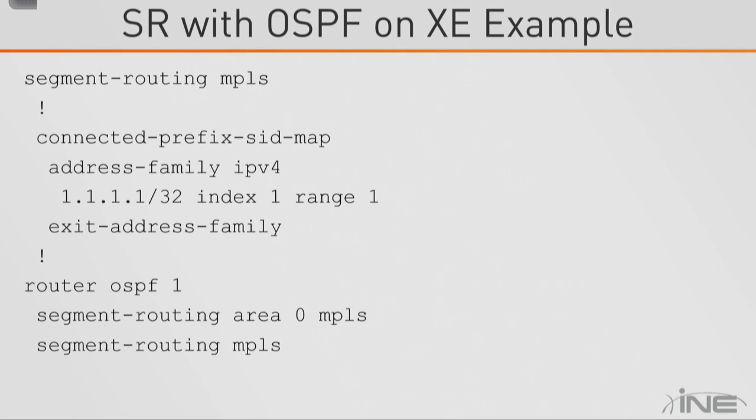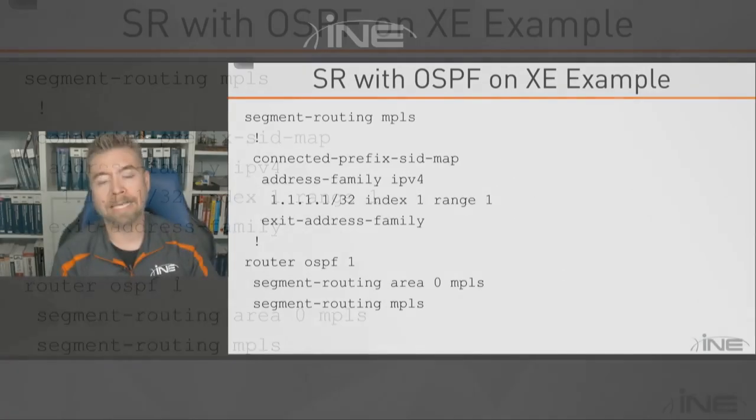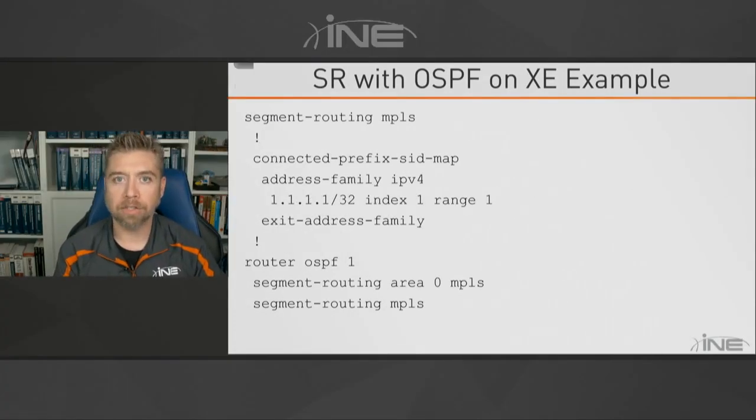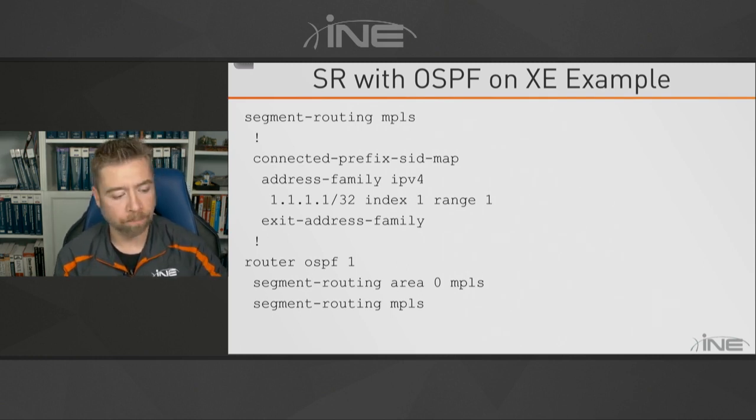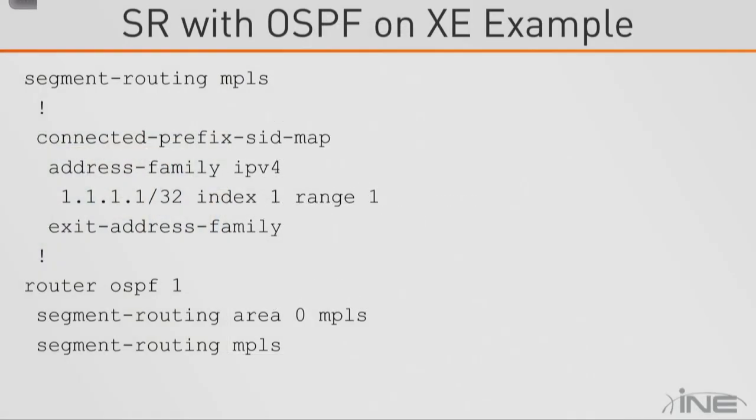This means that it's taking the segment routing global block, or the SRGB, which starts at 16,000, and adding 1 to it, so 16,001. That becomes its node SID, or essentially the global label value that we're advertising into the OSPF network.